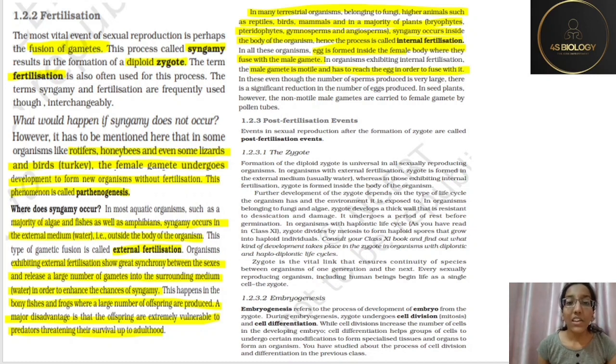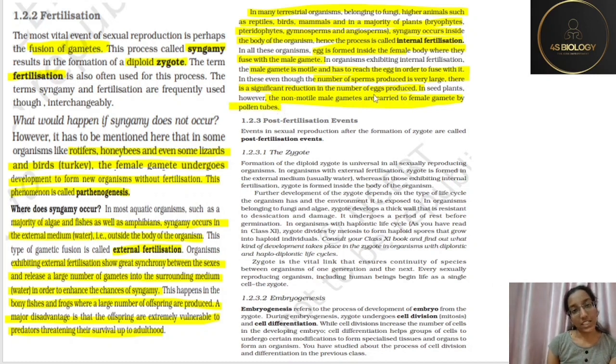In these, even though the number of sperms produced is large, there is a significant reduction in the number of eggs produced. Fewer eggs are produced than sperms. In seed plants, however, non-motile male gametes are carried to female gametes by the pollen tube, which we studied in the previous slide.